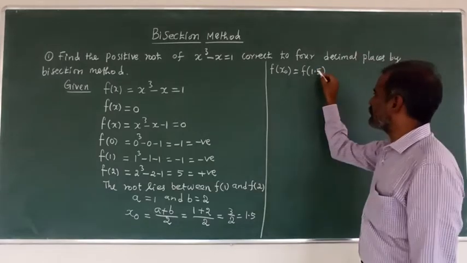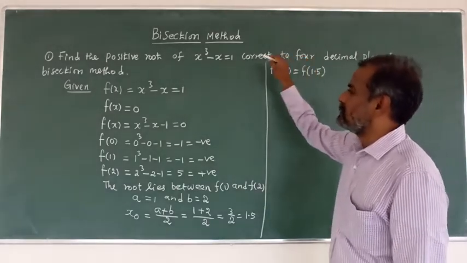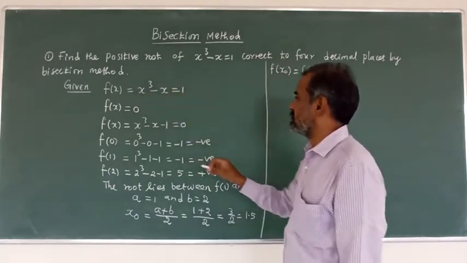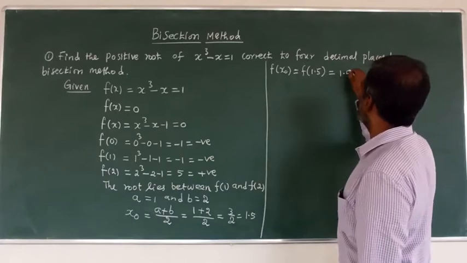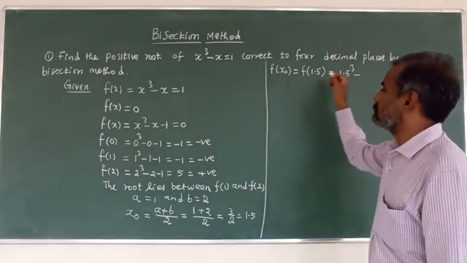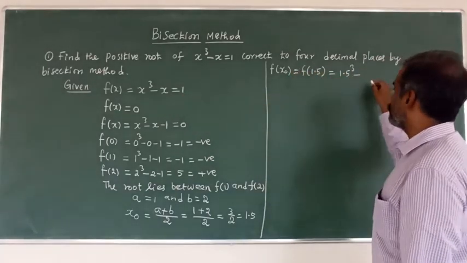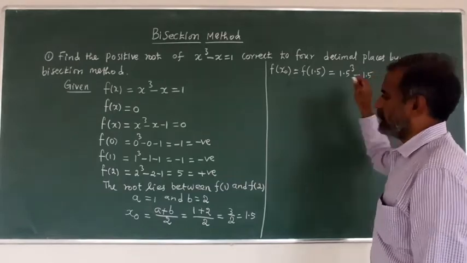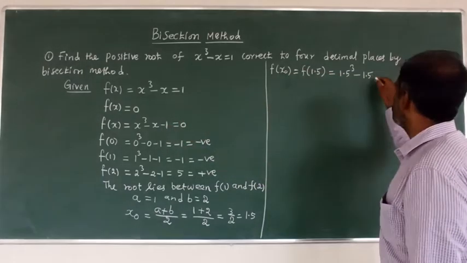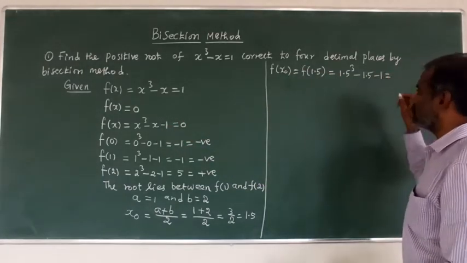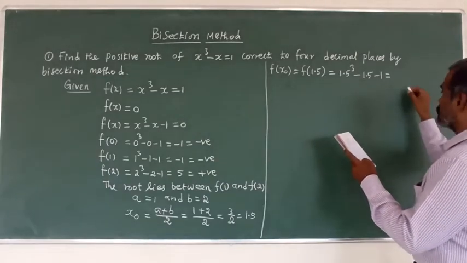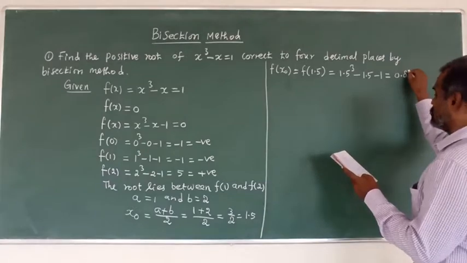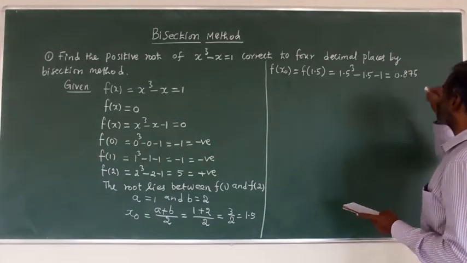Substituting the x value, 1.5 cube minus 1.5 minus 1, we get the result 0.875.